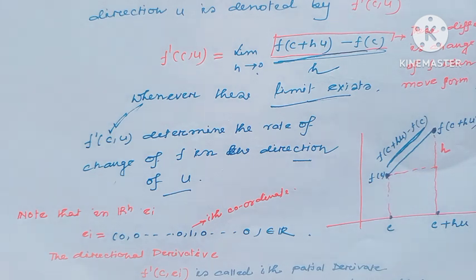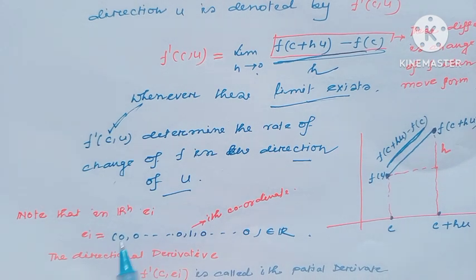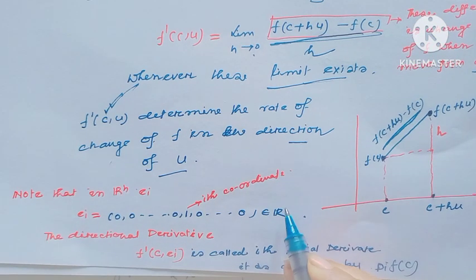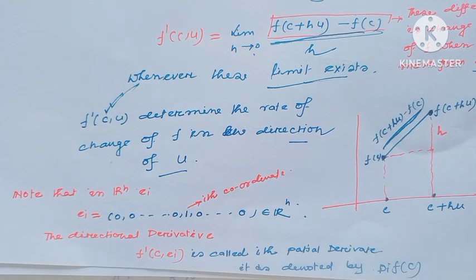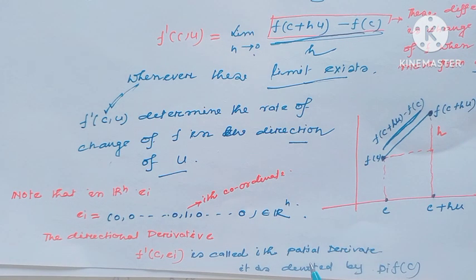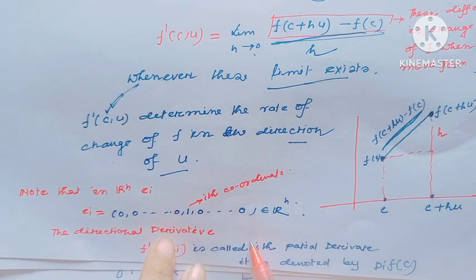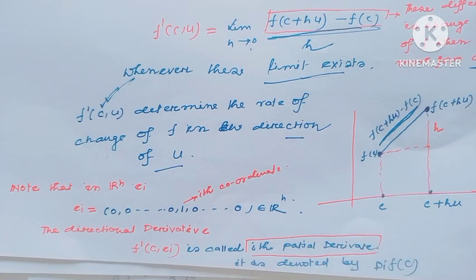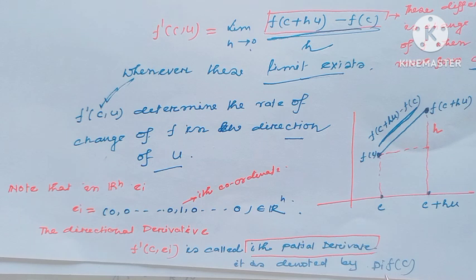If we choose the ith coordinate vector e_i in R^n, with 0, 0, 0, the ith coordinate 1, and the other entries 0, then the directional derivative f'(c; e_i) is called the ith partial derivative.